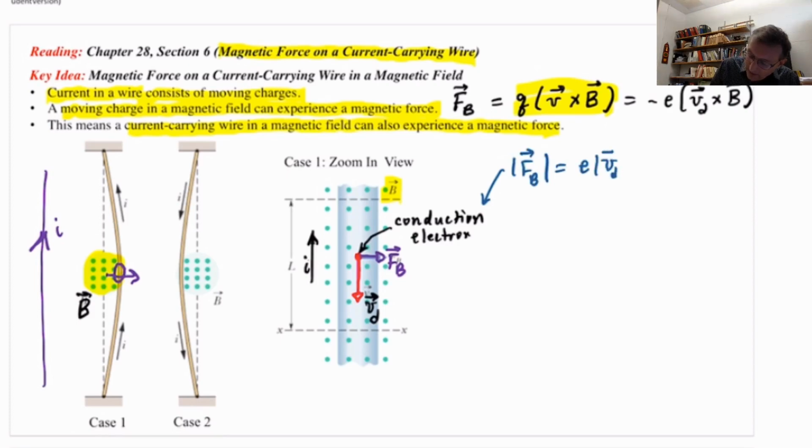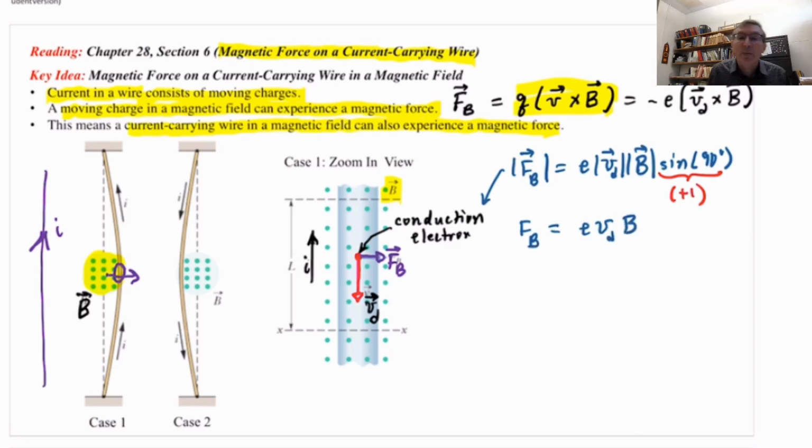So it'll be the magnitude of the drift velocity, the magnitude of the magnetic field, and the sine of the angle between V drift and B, which we should be able to see is 90 degrees. And the sine of 90 degrees is positive 1. So the expression for FB magnitude, which probably most of the books would just write like that, is e V drift B, all meaning magnitudes. Direction to the right.